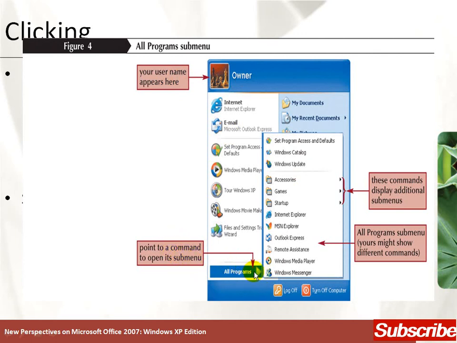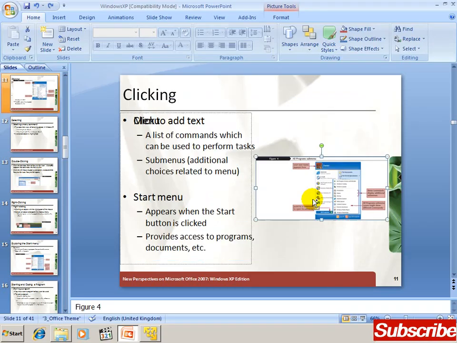When you click here, this arrow means open submenu. These commands display additional submenus. We call it additional submenus. And this arrow means all programs submenu. Yours might show different commands. It may show different commands. So it was the object. That is what it means right now.